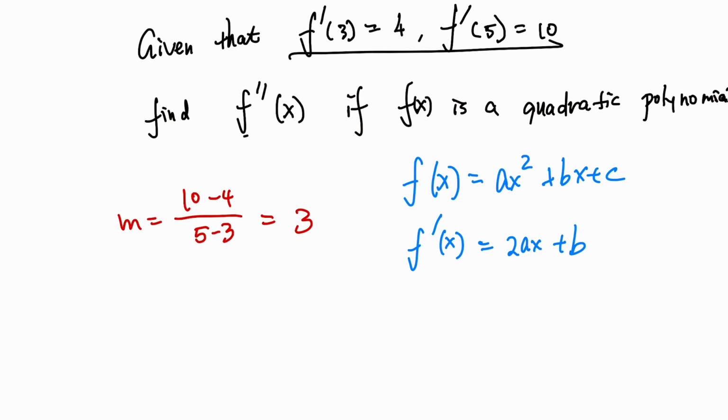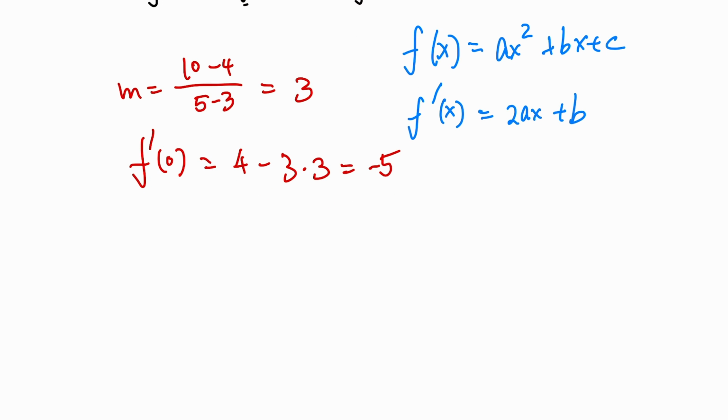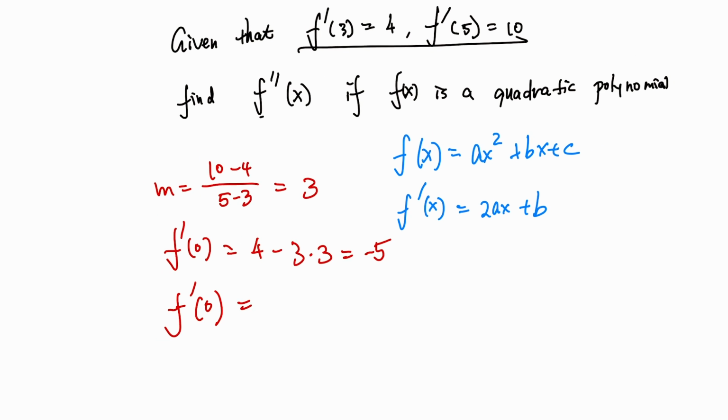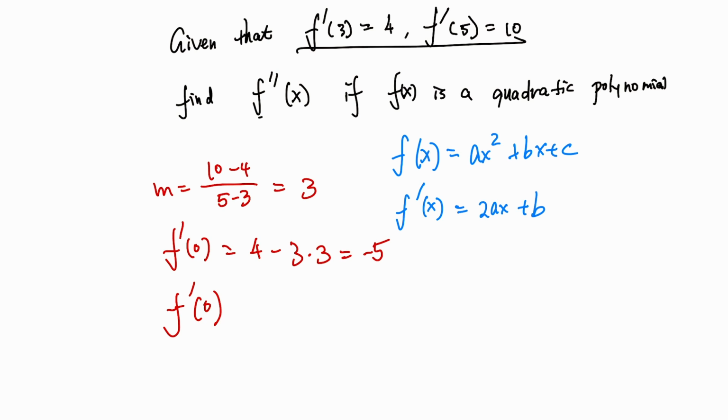And to find the y-intercept, we have f prime of 0, which is equal to 4 minus 3 times 3, and that is negative 5. So we have our final function, f prime of x, which is equal to 3x minus 5.